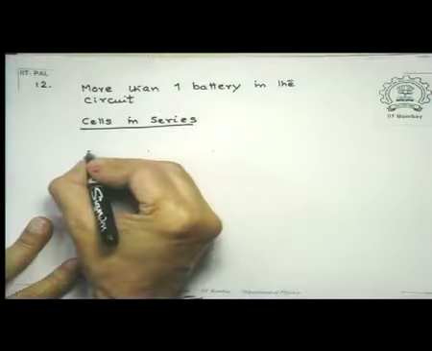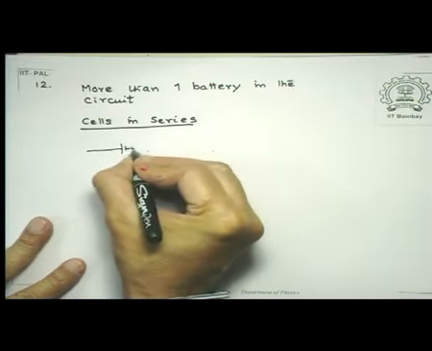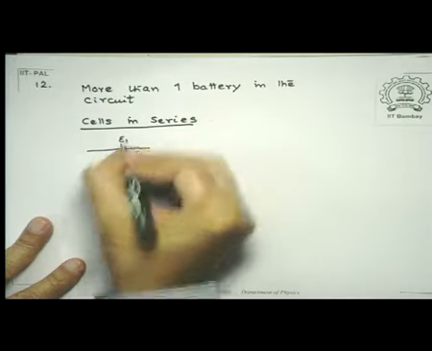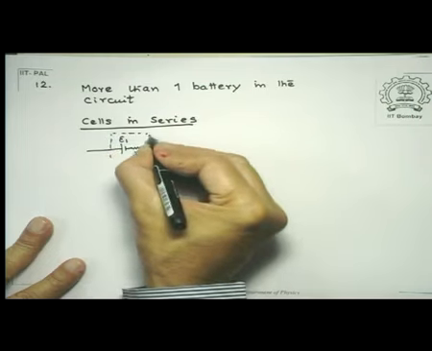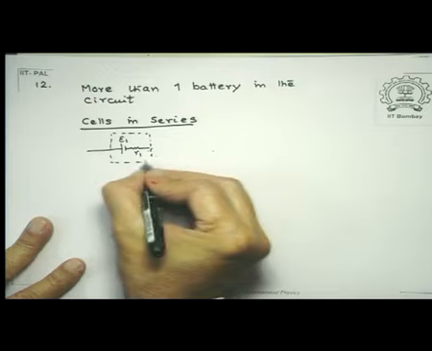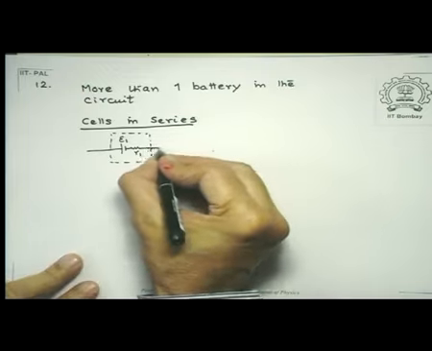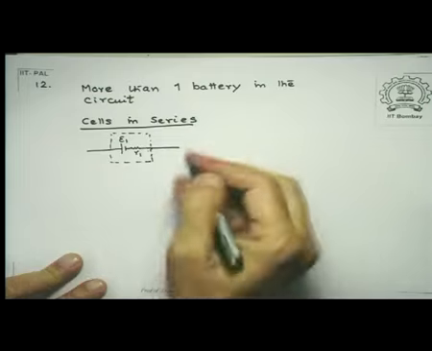Now the cells in series are like this. Supposing I have an EMF E1 with an internal resistance R1. So this is your first battery. I will give you the way the combinations are used normally, that is positive end of one being attached to the negative end of the next one.